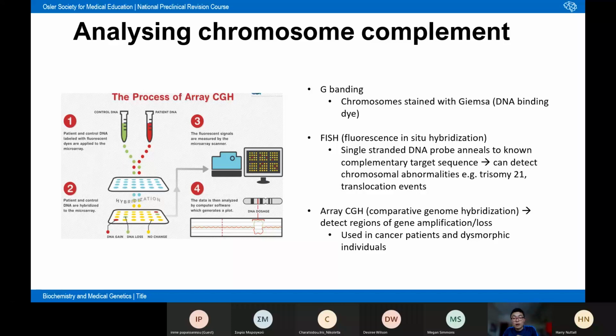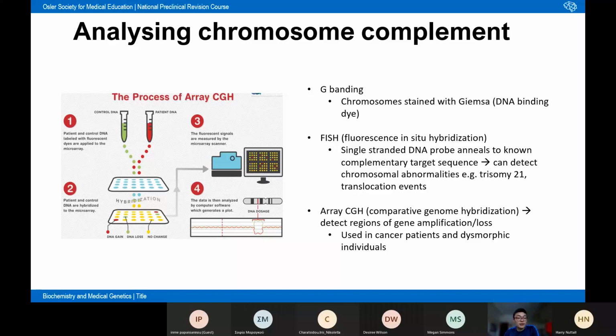Then we can wash away the unbound DNA. Subsequently, by using computerized fluorescence imaging or analysis, we can see whether there's predominantly green or red spots at particular locations. If there's red dots, in this case, this indicates a gene amplification event. So there's more DNA at a particular locus in the patient where there's a red dot, and vice versa for the green dot.